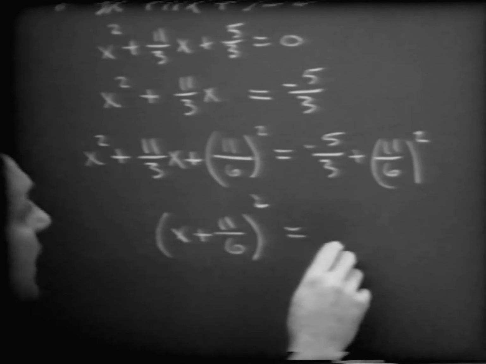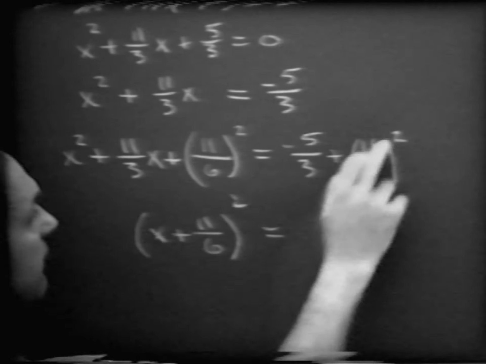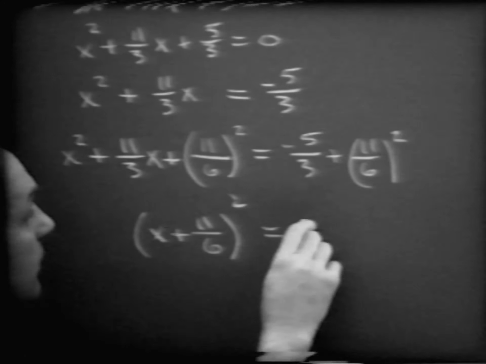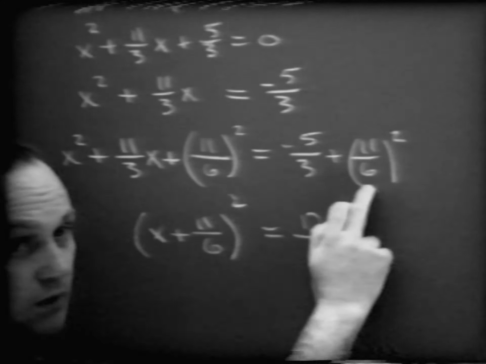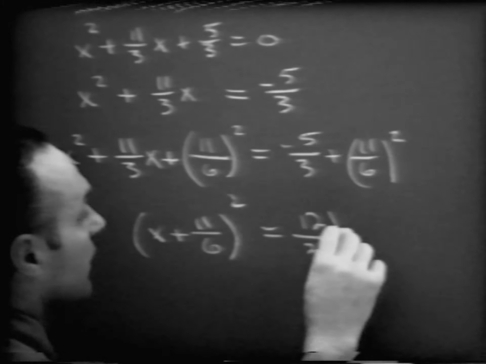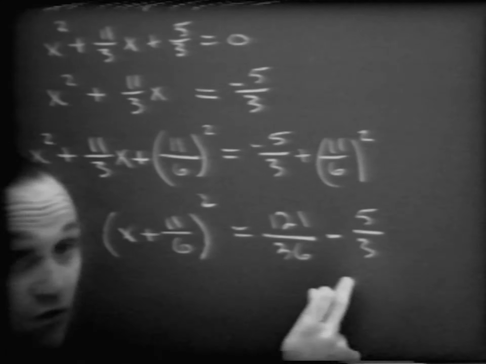On the right-hand side, 11 squared is 121 and 6 squared is 36, and let's keep the other term as simply minus 5/3.